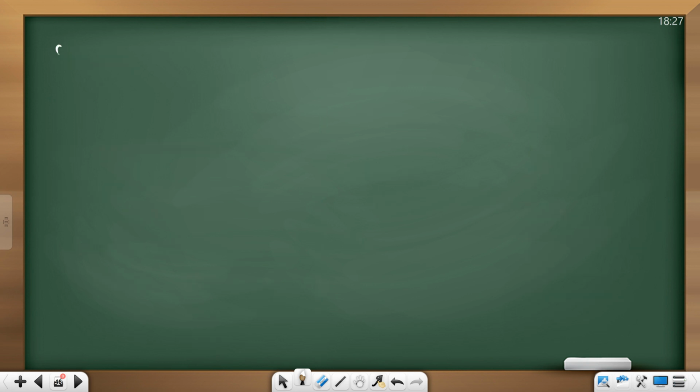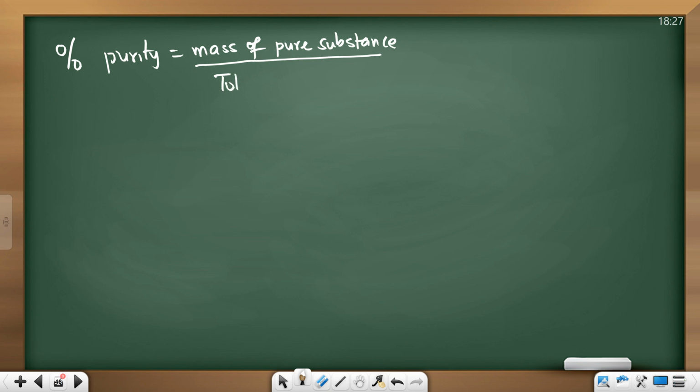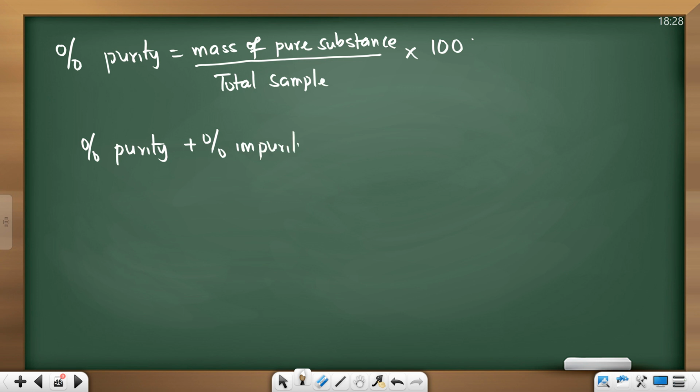Percentage purity is the mass of pure substance over the total sample of impure, multiplied by 100. And percentage purity plus percentage impurity should be equal to 100%.